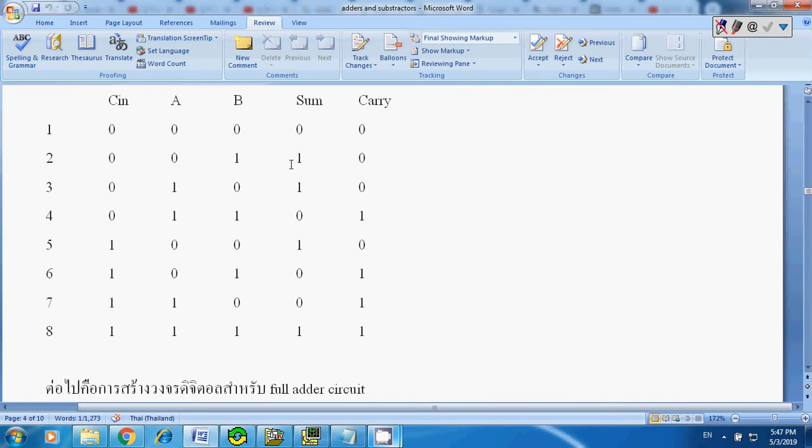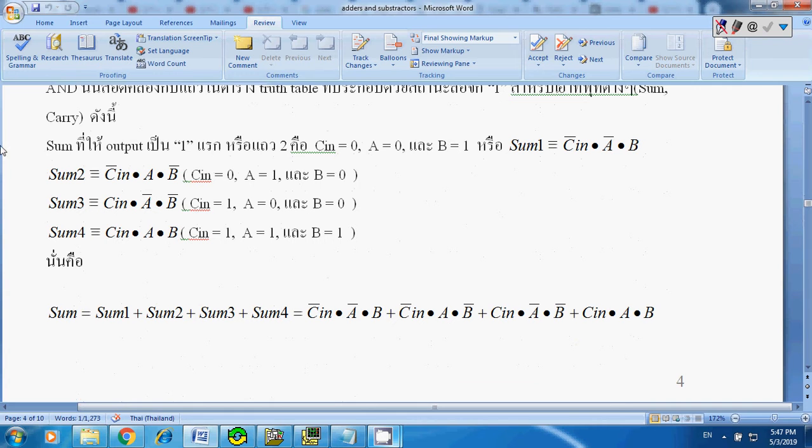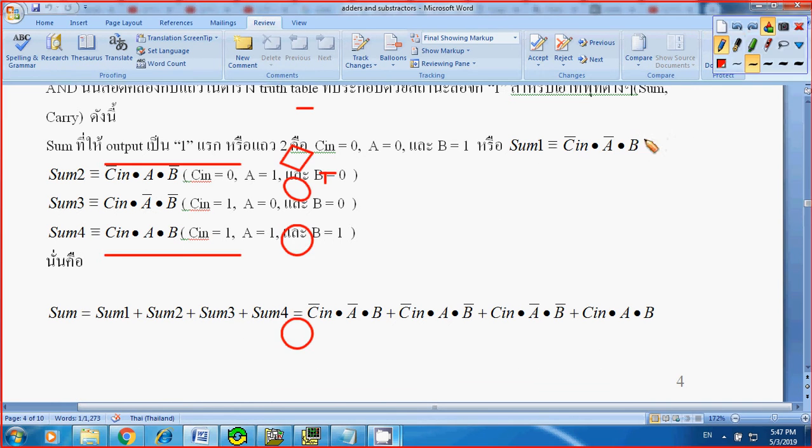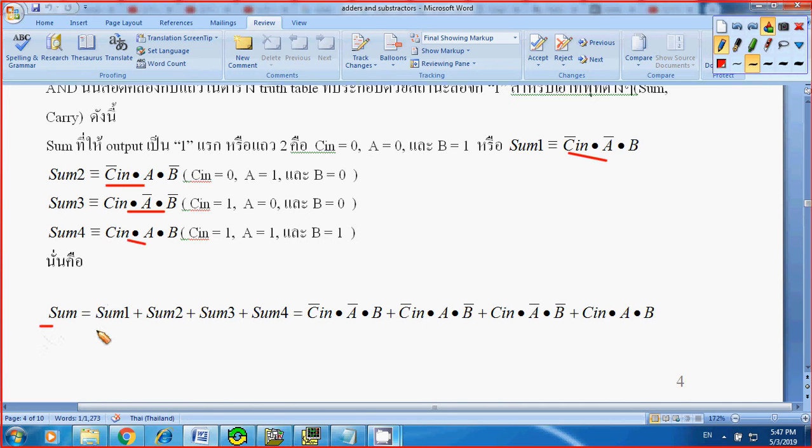So you have 4 terms, right? 1, 2, 3, 4. That's why I have sum 1 to be this term, this is your sum 2, this is sum 3, and sum 4. And your sum is simply equal to sum 1 plus sum 2 plus sum 3 plus sum 4, in terms of your 3 inputs.